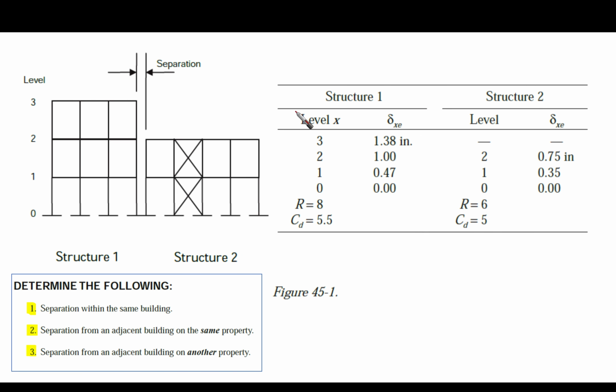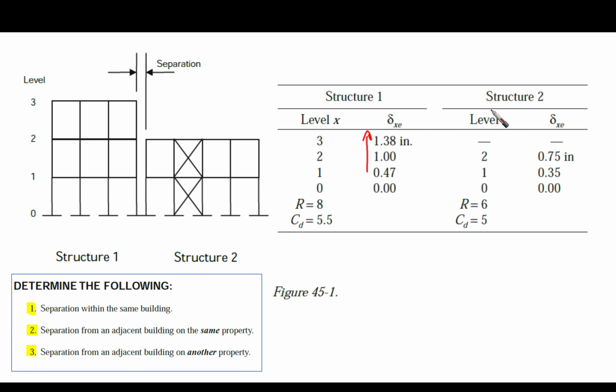We have conducted the analysis, which seems to be elastic analysis, and at the ground level the deformation is 0 as expected. For structure number 1, we have the first, second, and third levels with values 0.47, 1, and 1.38. Of course, the higher we go, the higher the elastic displacement we expect.